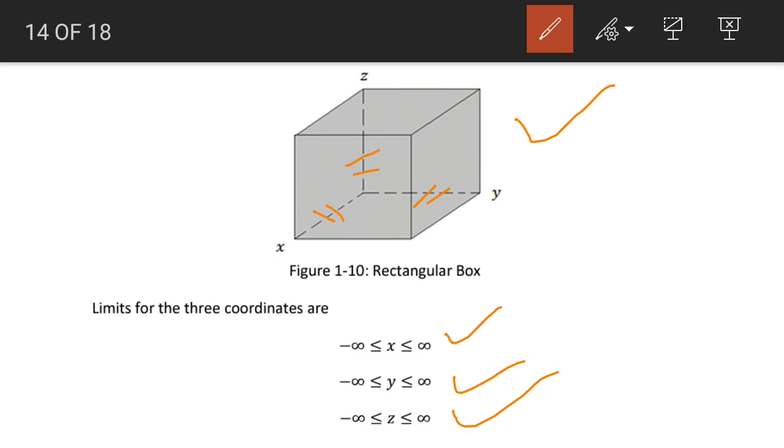We shall discuss the cylindrical coordinate system in the upcoming class. How do we represent a point in the cylindrical coordinate system with the help of cylindrical coordinates? How do we represent three unit vectors in the cylindrical coordinate system? And definitely those three unit vectors will be mutually orthogonal.